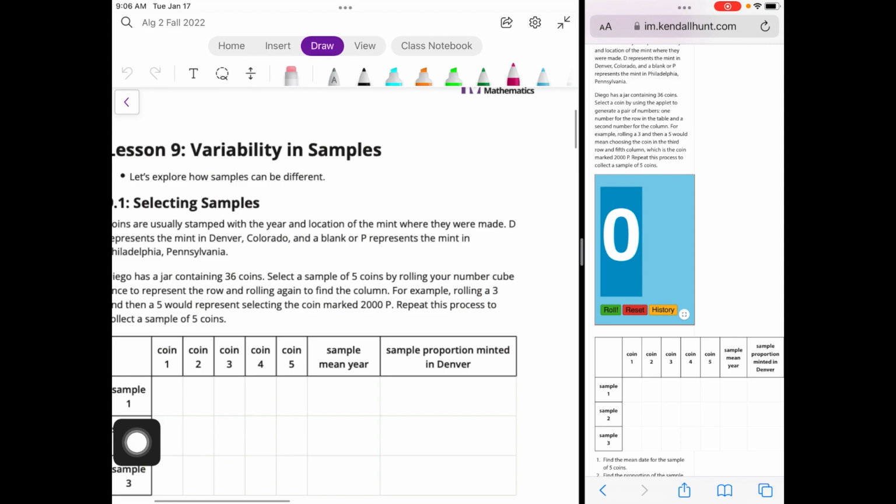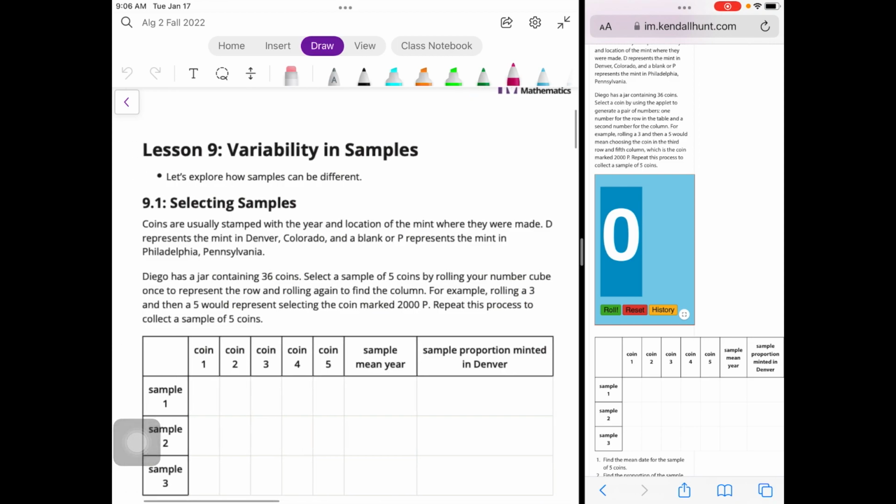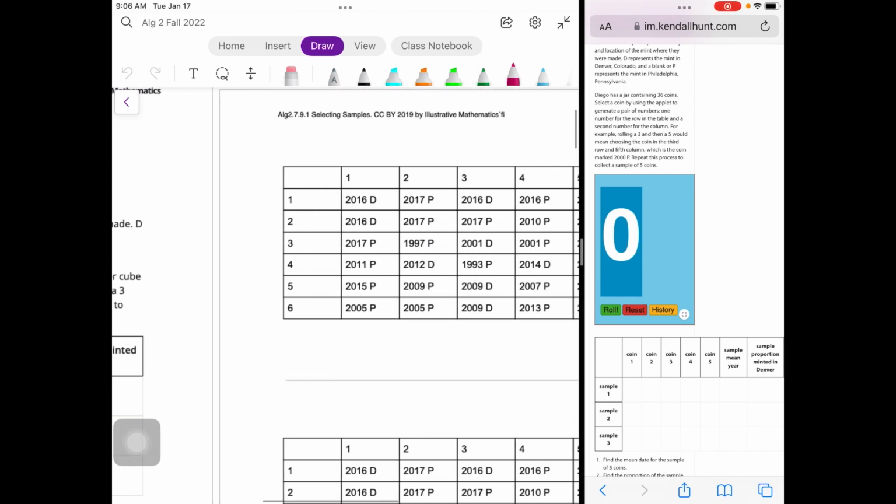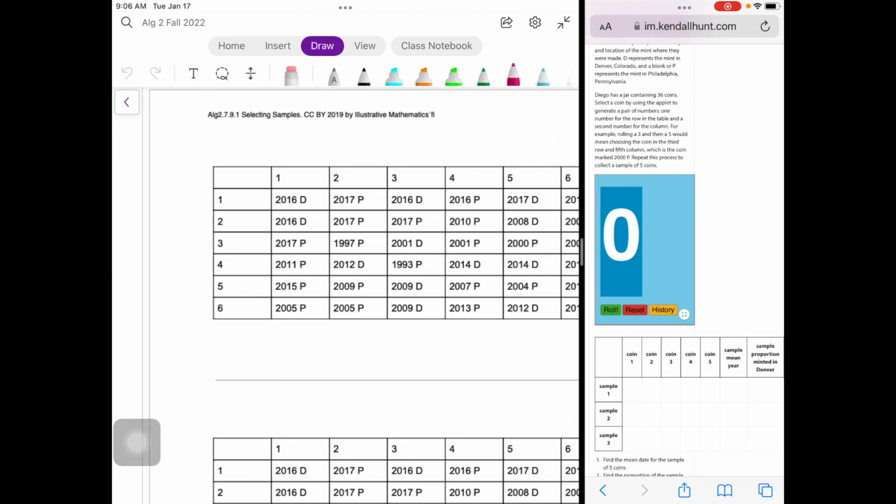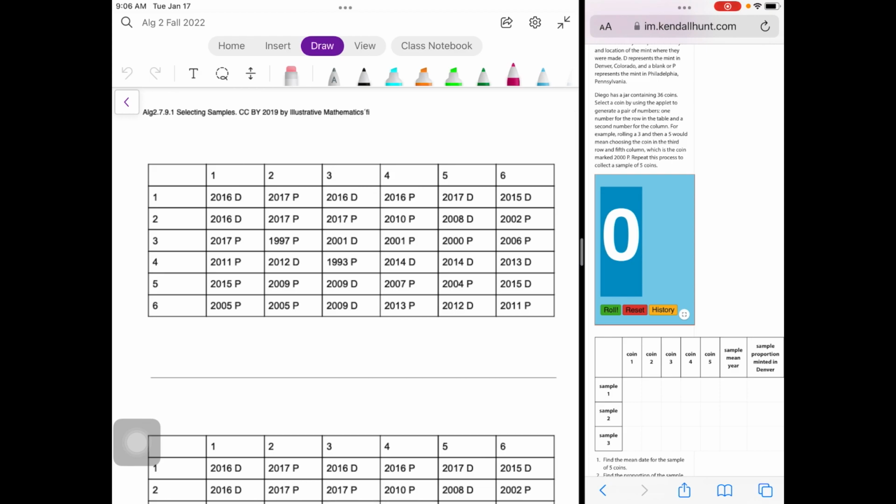All right, so we are going to do this process to collect a sample of 5 coins. So again, the first roll is the row, the second roll is the column. All right, so we're going to use this applet on the right-hand side since we don't have enough dice. So we're going to roll. So we're looking at row 6, column 5. So we have that one.